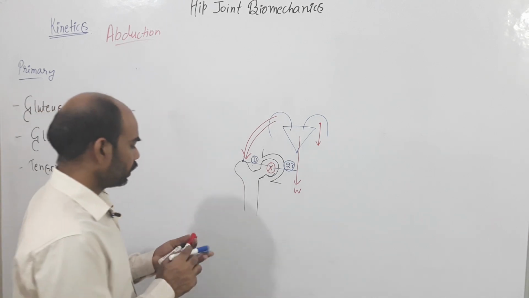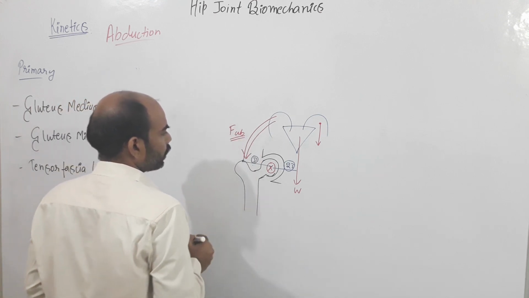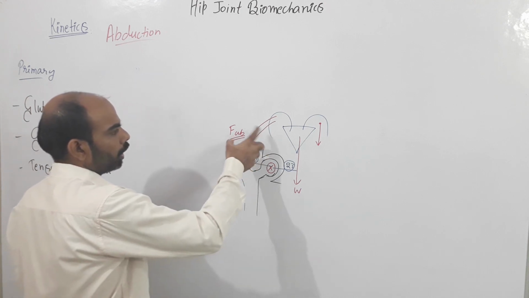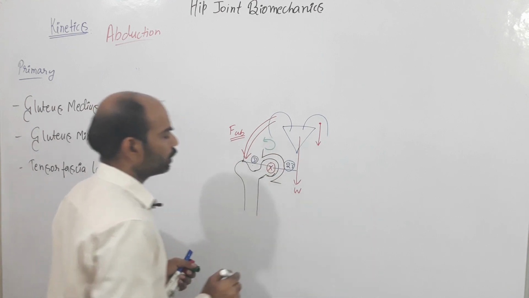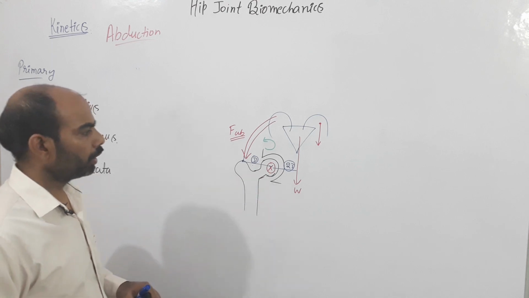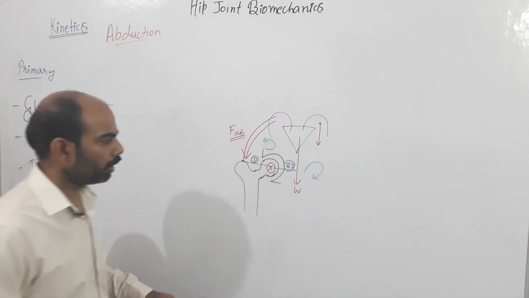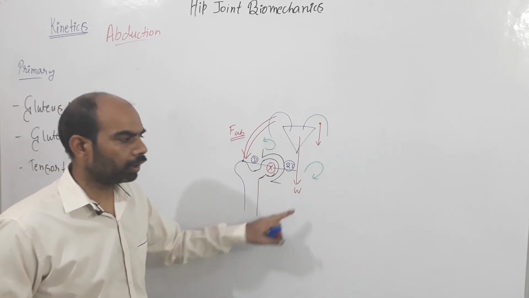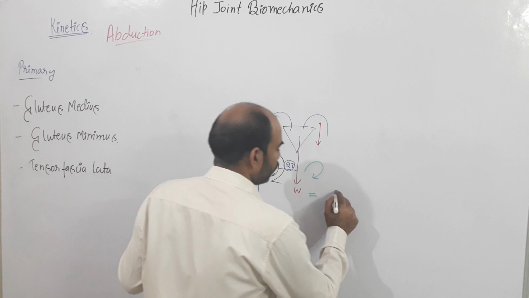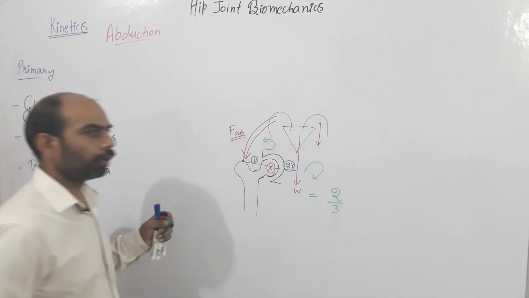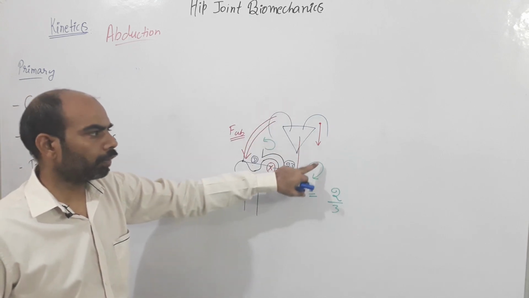So in this, the force of abduction produces an anti-clockwise torque on the hip joint, and the weight bearing produces a clockwise torque on the hip joint. The weight here is the 2/3 of the upper trunk plus the weight of the swing side lower limb, which is 1/6.